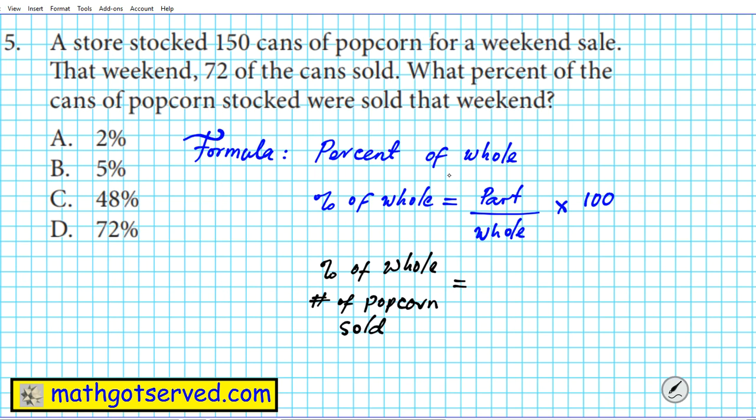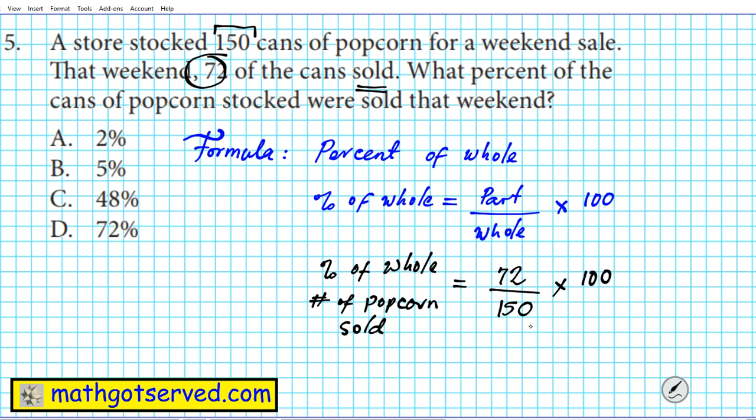How much of the popcorn was sold? It states here that 72 sold. So the part is 72. Whole represents the total number of popcorn that the store had in stock for the weekend sale, and that is 150. So 72 divided by 150 is our part over whole. To render it in percentage format, we'll multiply by 100.